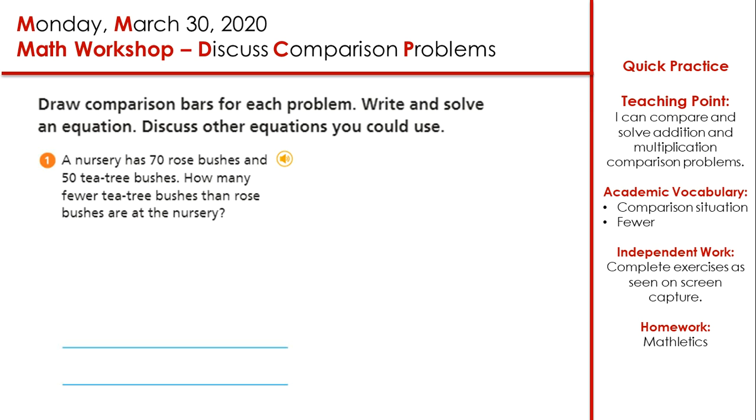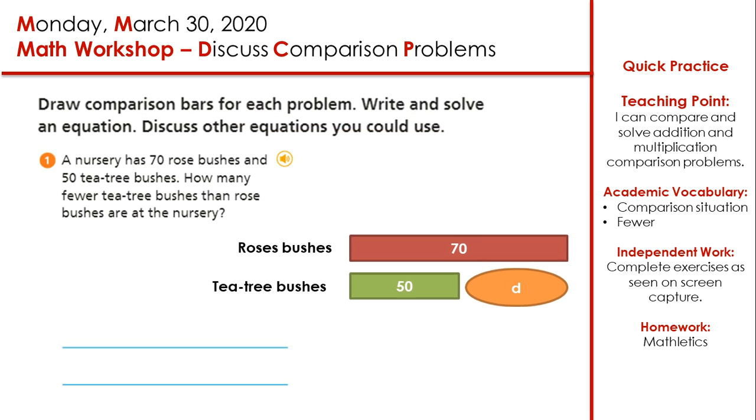Right here I can see that my greatest amount is 70 rose bushes. So I'm going to draw that at the very top as my total. Now, they're telling me that I also have 50 tea tree bushes. So I'm going to represent that in that green rectangle right below.